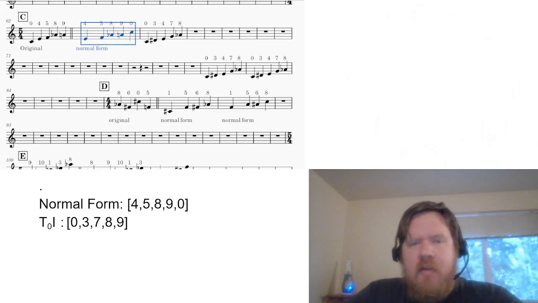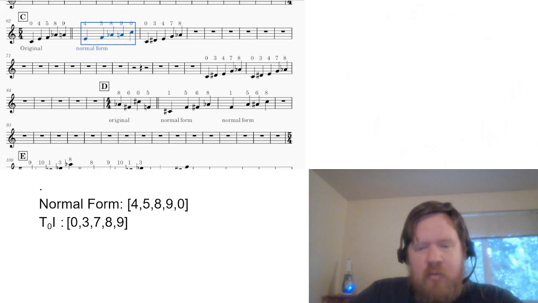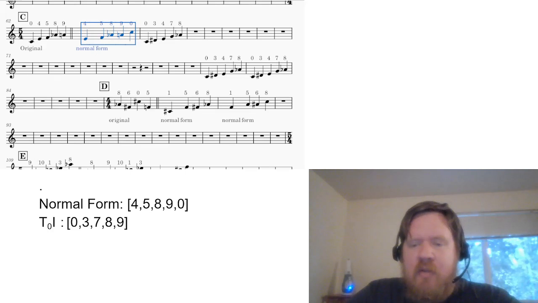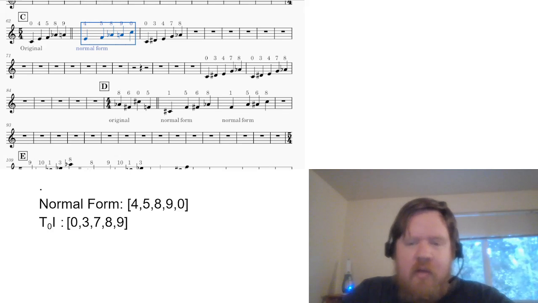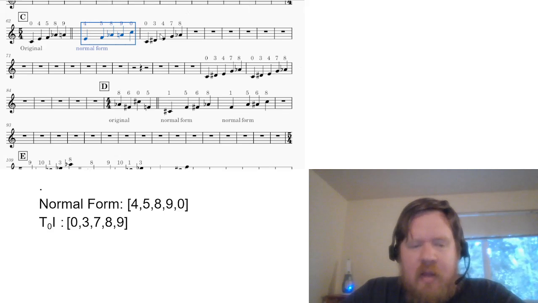So going back to this bracket notation, this was our first pitch class set in normal form, and if we were going to use the bracket notation, we write 4, 5, 8, 9, 0 in brackets with commas, no spaces. Can't emphasize that enough. And then the inversion is just this one right here.